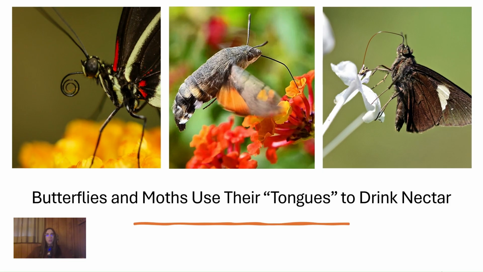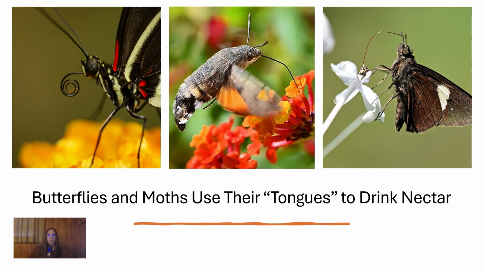So another pretty well-known adaptation is the tongue or proboscis of a butterfly or a moth. Now I've already talked a little bit about this with the Darwin's moth. However, I think it's worth talking about it again here because a proboscis is just such a fascinating tool that allows a butterfly or a moth to collect nectar from a plant in a way that it wouldn't be able to otherwise.